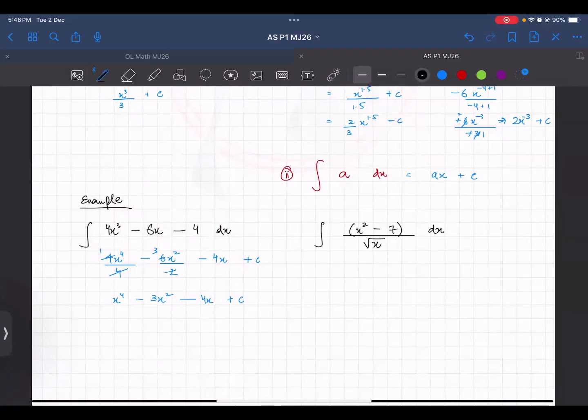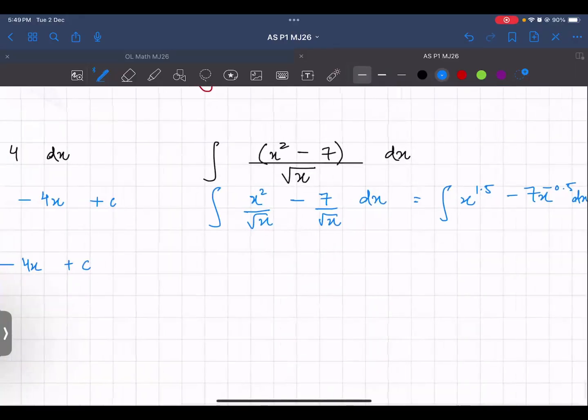So in this case, in order to simplify this, you can do x square upon under root x minus 7 upon under root x. You separated the fraction, so this would become x power 2 minus 0.5, and use indices. You know how to do this. 2 minus 0.5 will be 1.5, minus 7 x power negative 0.5 dx. And now you're going to start integrating.